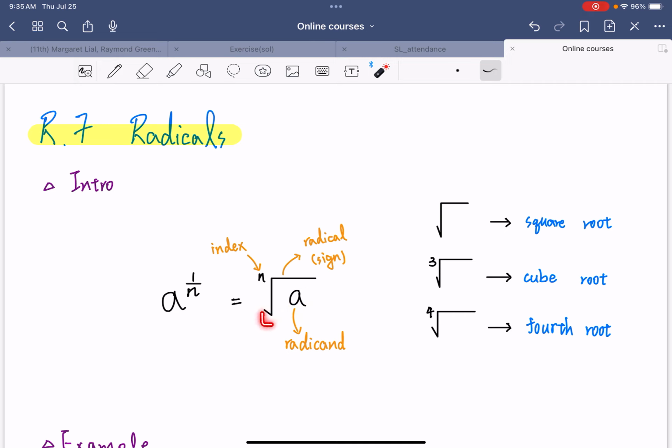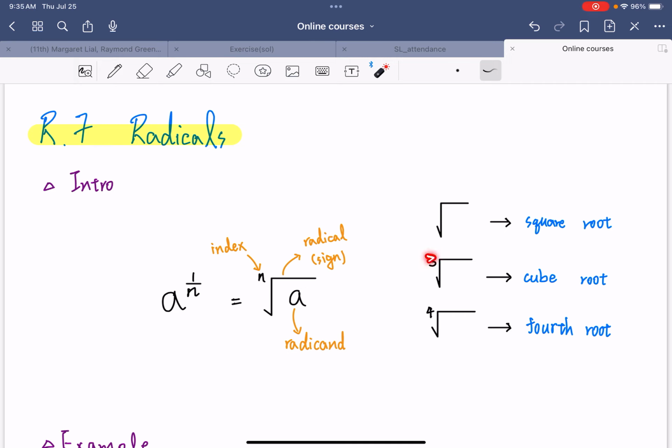And this sign, we call the radical or radical sign. And the number n is the index. So if n is equal to 2, then that will be square root, but we won't write 2 here because we are more familiar with this kind of expression.